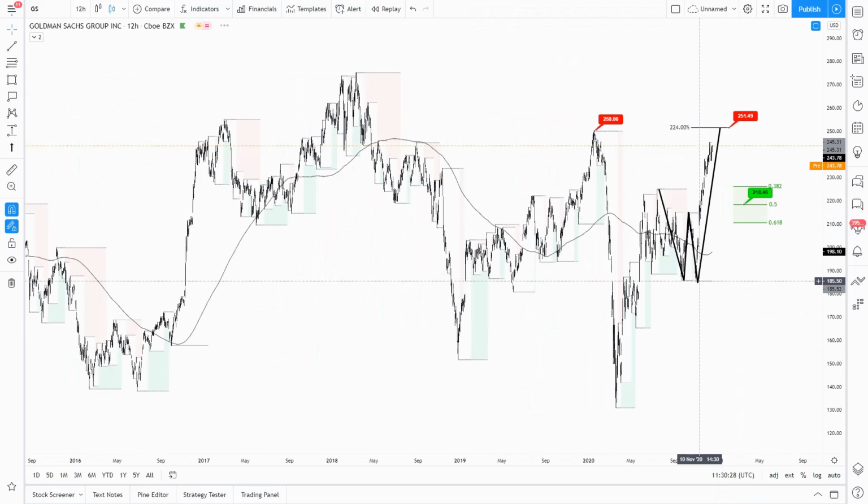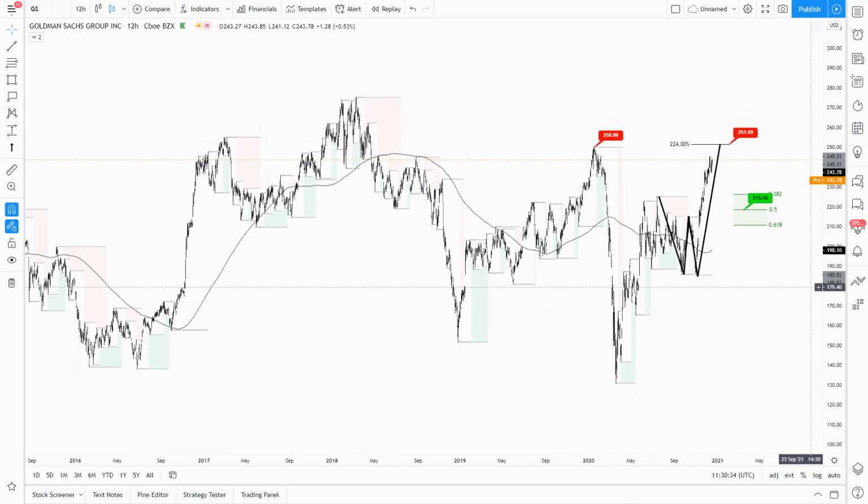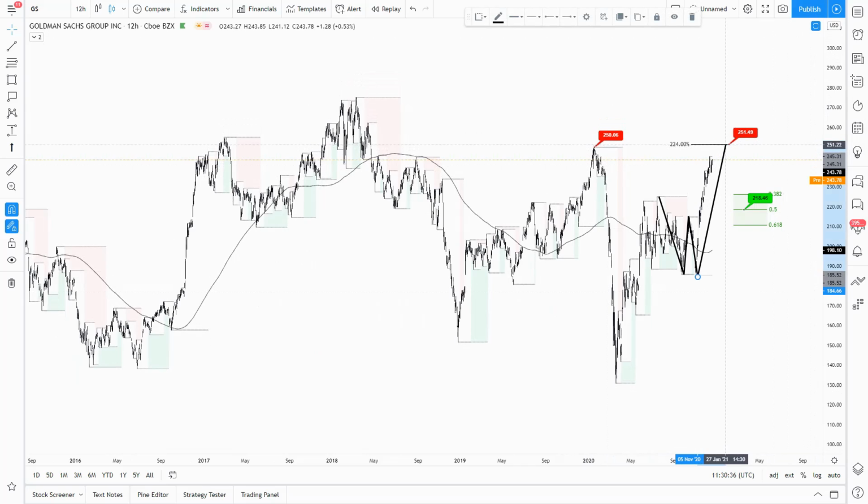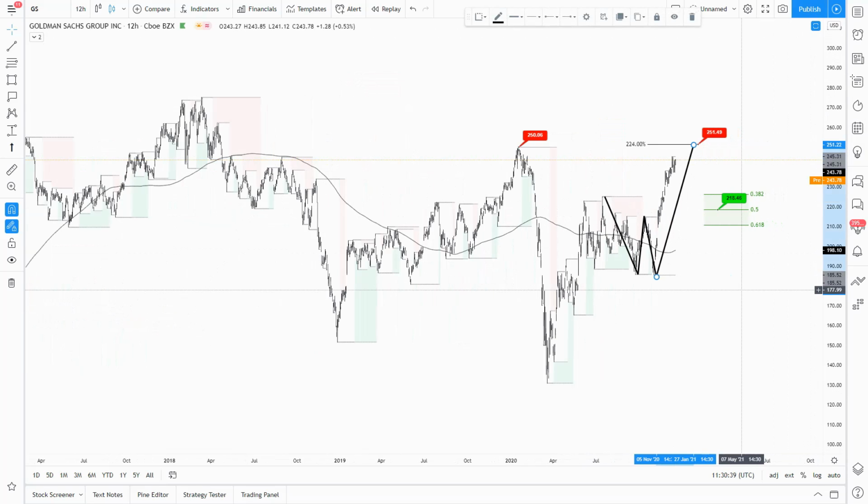I will not be surprised with that, and then a clear violation of these previous structure highs may offer more upside momentum. But the next pressure zone, at least in my opinion, in terms of Fibonacci criteria and harmonic patterns, we never know, as I said before, the outcome of those events, but we know where those patterns will invalidate, and we know the type of reaction we may expect.